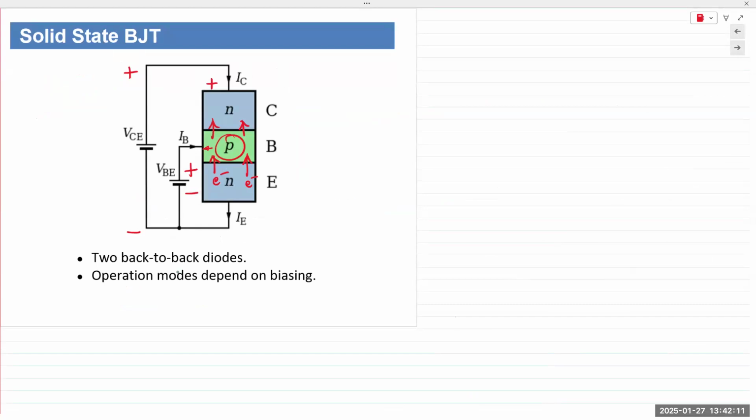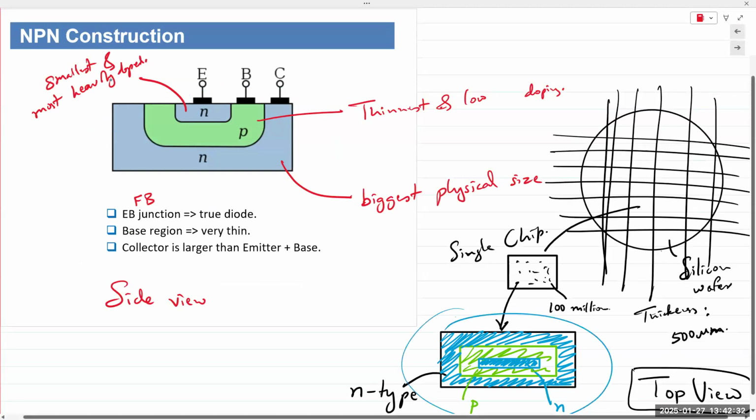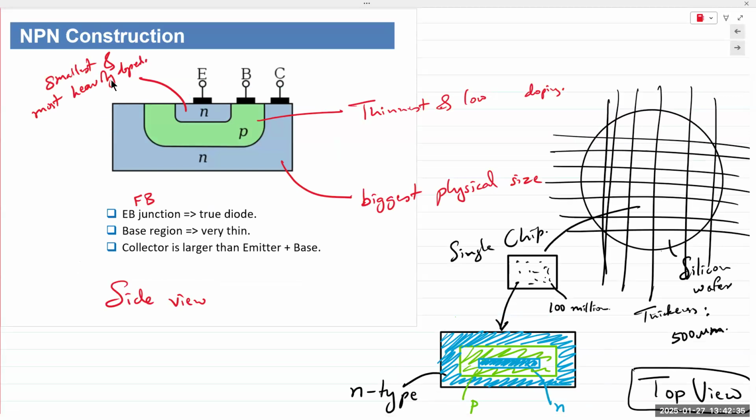Because of the structure, let's go back to that slide again, and I'll recap. Because of the structure of a BJT, we can see that the emitter is the smallest in size in the X and Y direction. This is the X and Y direction. So the emitter is the smallest in size, basically enclosed inside the base, and the base is then enclosed inside the collector.